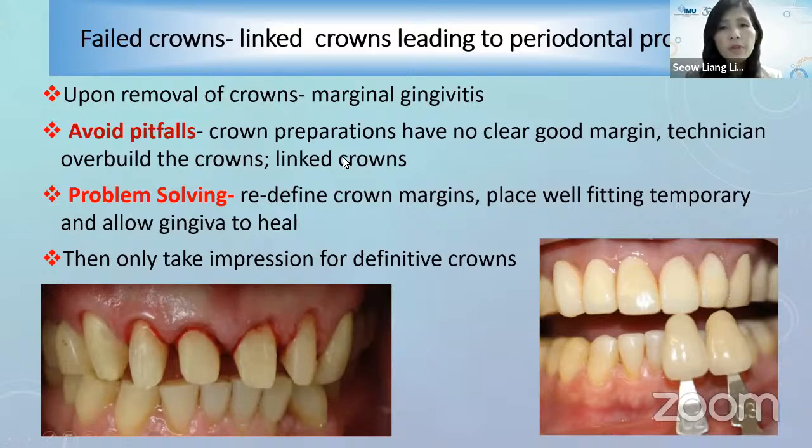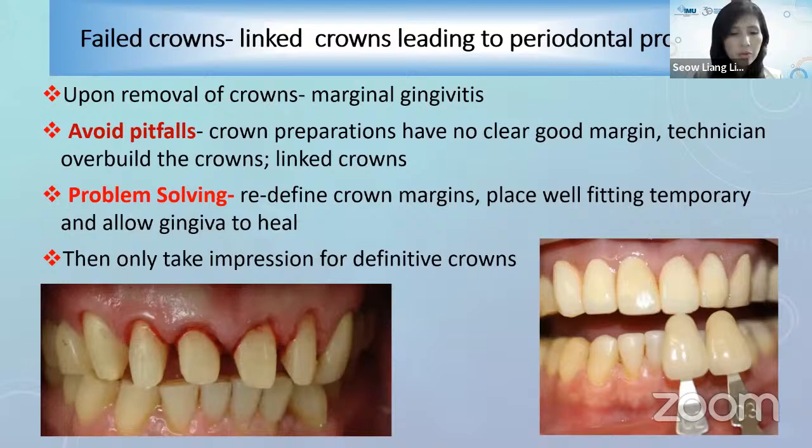So crown preparations need to have clear, good margins. This is when we remove. You can see that the margins are not clear. So besides linking all the five crowns together, another issue is there is no clear margin. So the technicians have overbuilt the crown at the gingival margin.